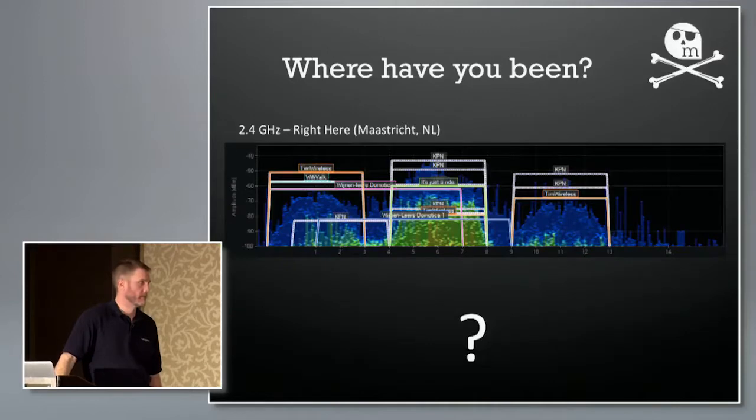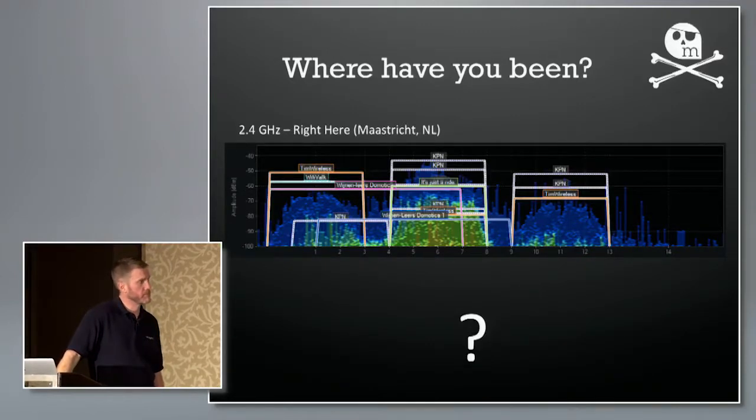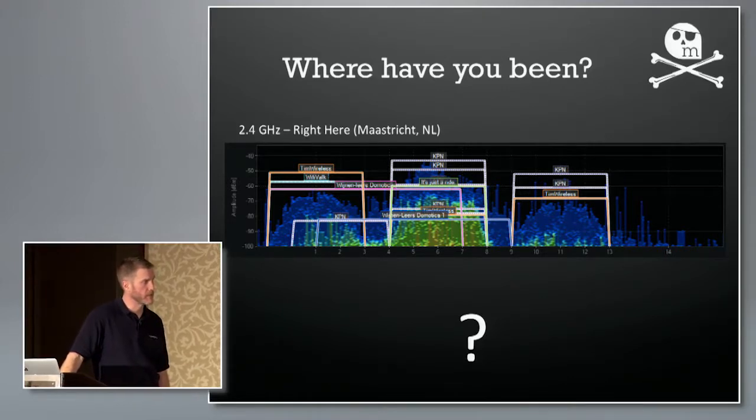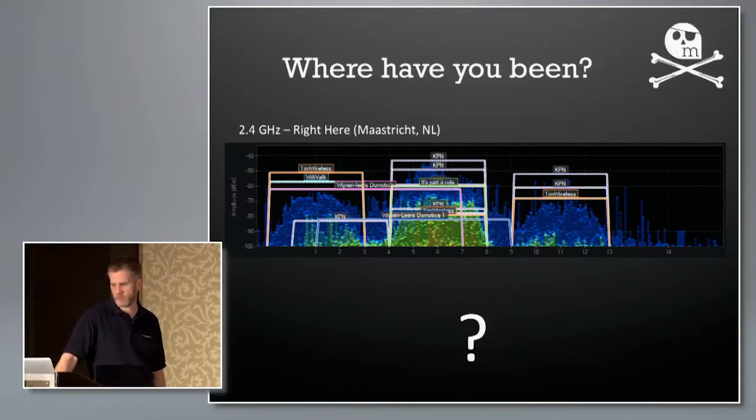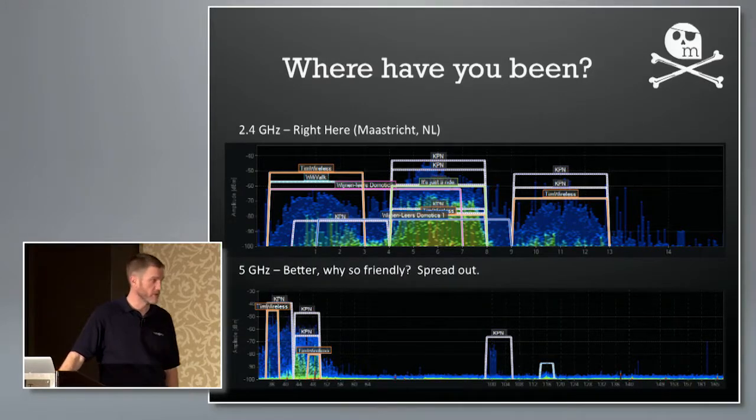All right, let's go back to Europe. Pretty good channel plan. I think it looks okay. It's getting better. How many do you think here? This was actually at the last location that the WLPC was held. There's quite a few.